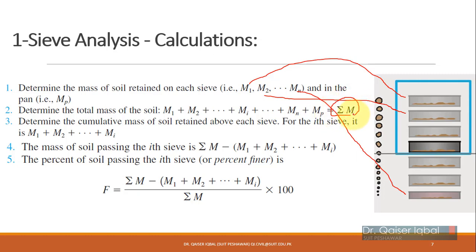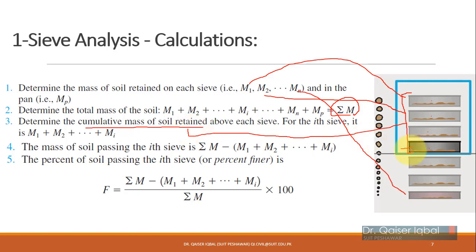Alright, after that we want to determine the cumulative mass retained. What is cumulative mass retained? For example, if I take this sieve and want to determine the cumulative mass retained, it will be the sum of the mass retained on this sieve plus the mass retained on all the sieves above it.